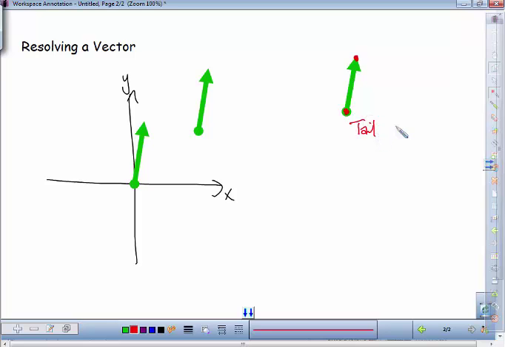The starting point is called the tail, and the ending point is called the head. And then if your tail is sitting at the origin, then your vector is what's called in standard position.